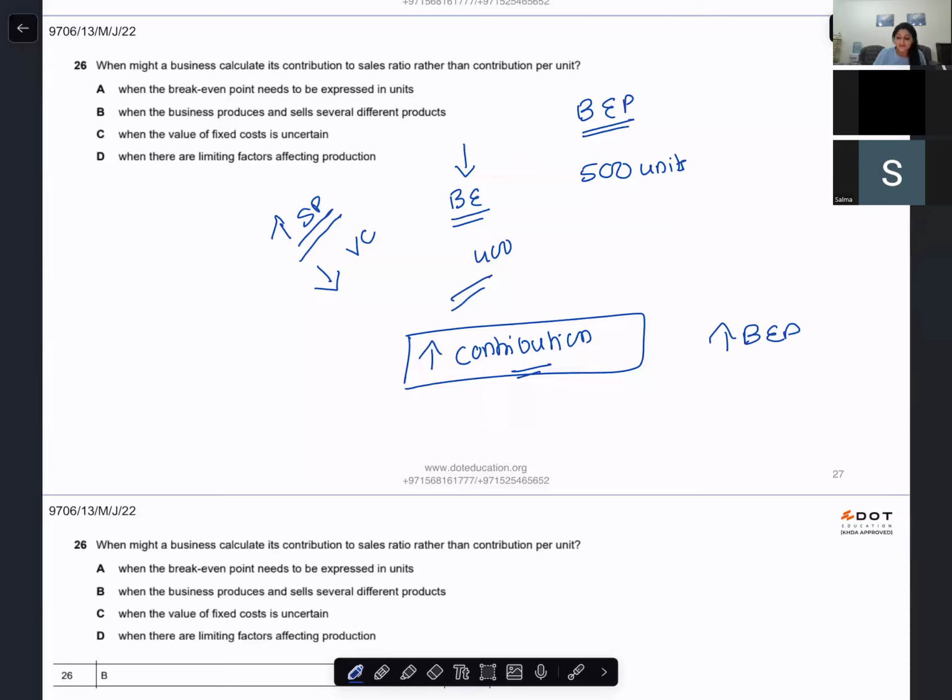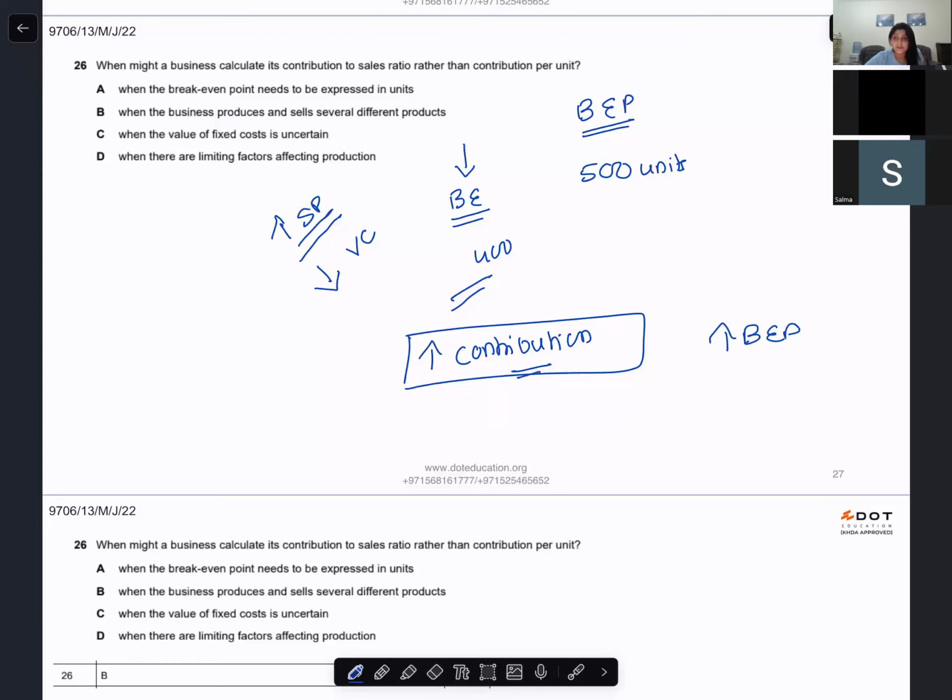And what does the contribution help you to calculate? To calculate profit or loss, in the absence of what? In the absence of variable cost, yes. Okay.